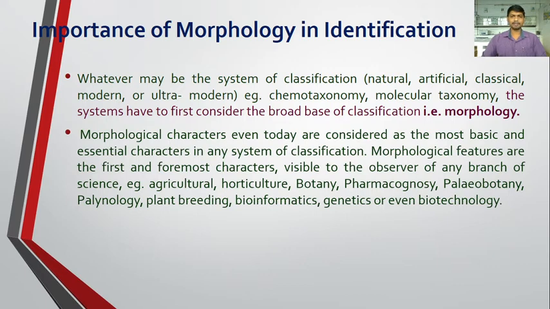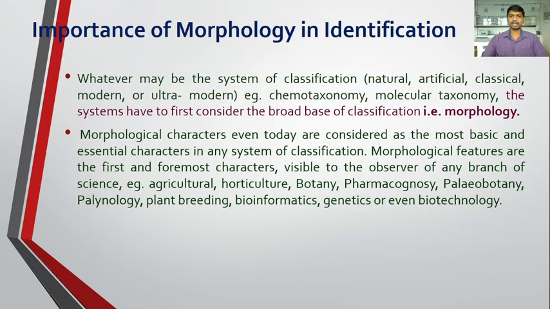Morphological features are used by observers in any branch of science, for example agriculture, horticulture, botany, pharmacognosy, paleobotany, palynology, plant breeding, bioinformatics, genetics, or even biotechnology, where the morphological features are studied. These morphological features are the first and the foremost characters visible to the observer of any branch of science.